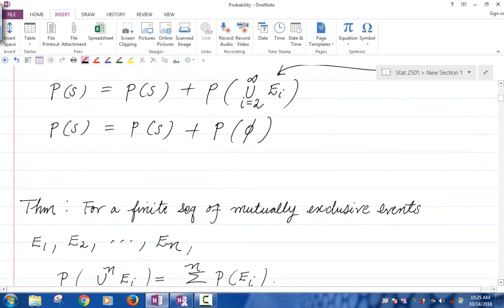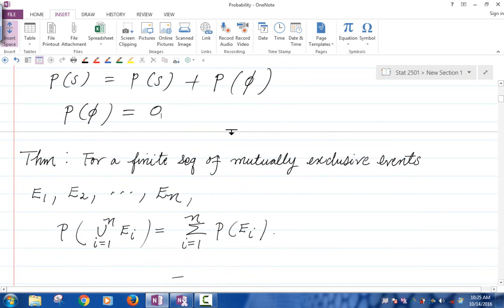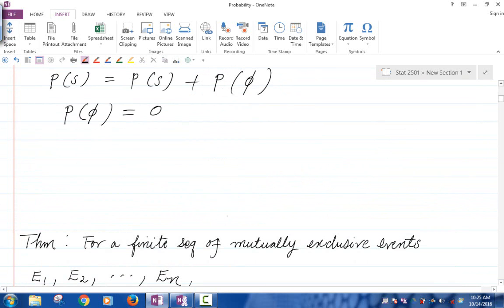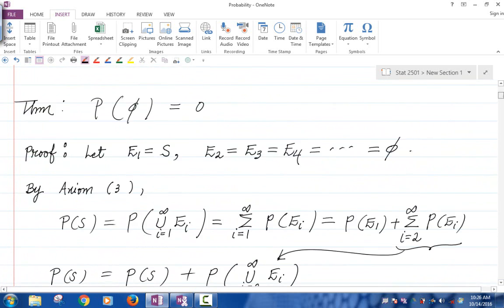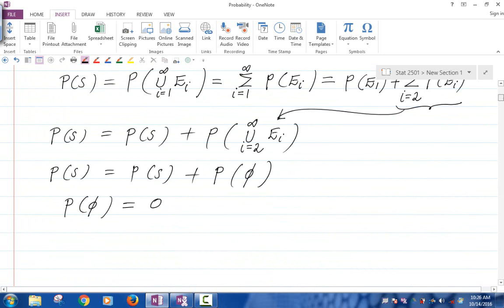Now you just cancel out P of S from both sides, and what you get is that the probability of the empty event is 0. Is everybody okay with that? So we got that the probability of the empty event must be 0 from our axioms. Okay? So all I needed to use are just the axioms to prove that.